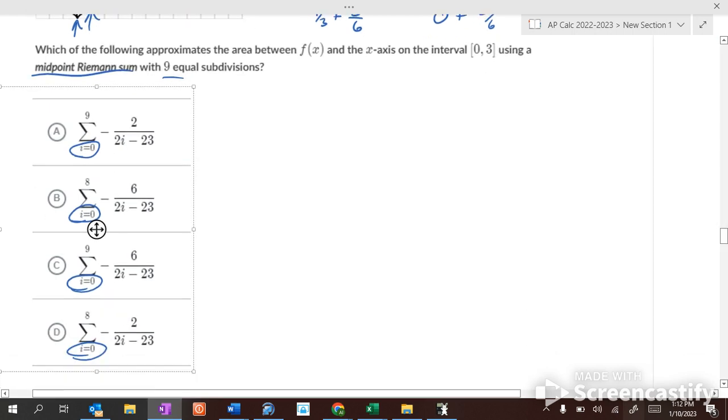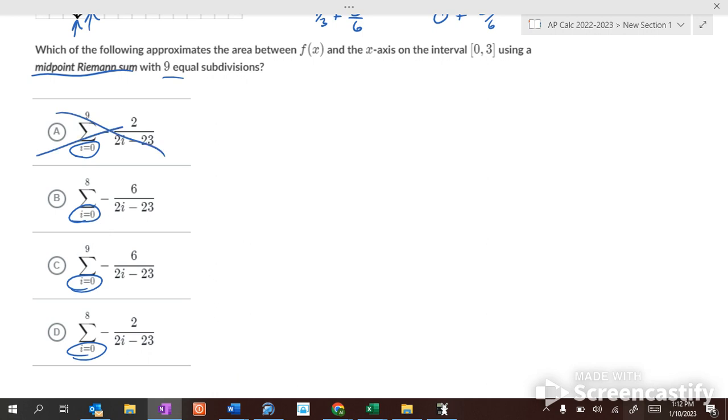So if I have 9 subdivisions, if you count 0, 1, 2, 3, 4, 5, 6, 7, 8, that's 9 subdivisions, right? So it can't have a 9 on the top because that would be 10 subdivisions. So it has to be one of these two.